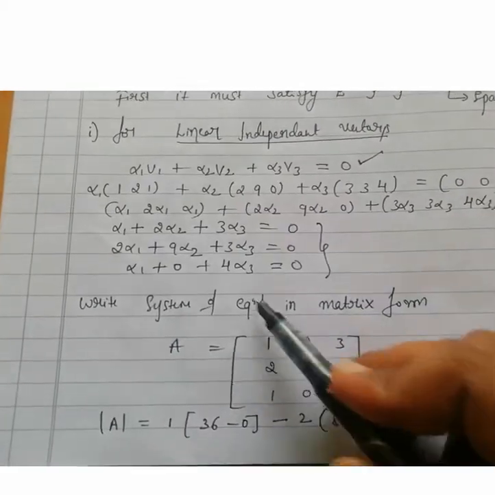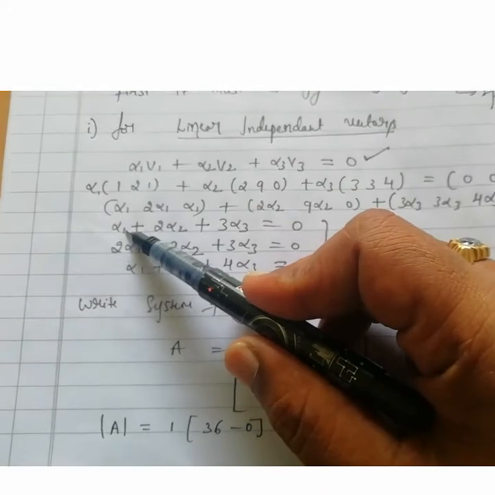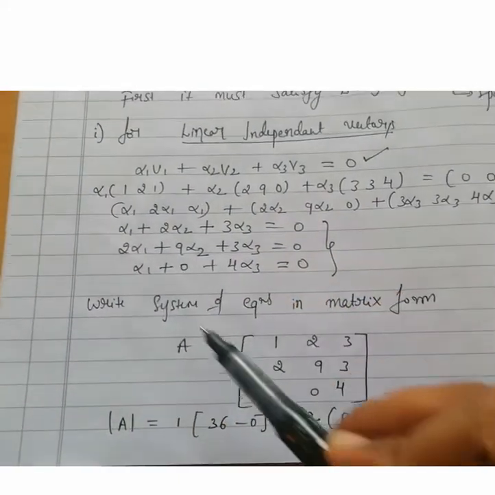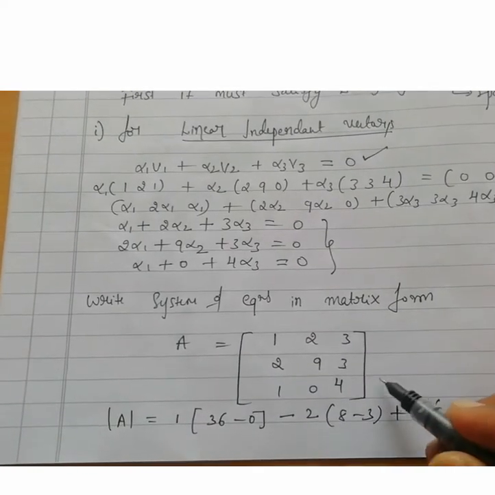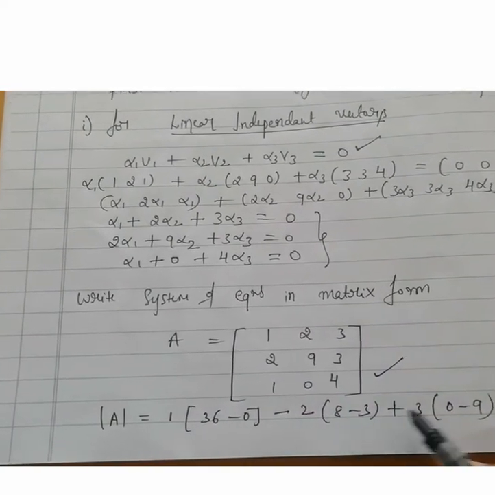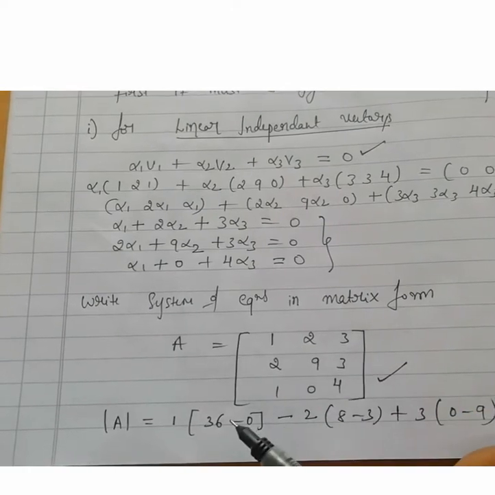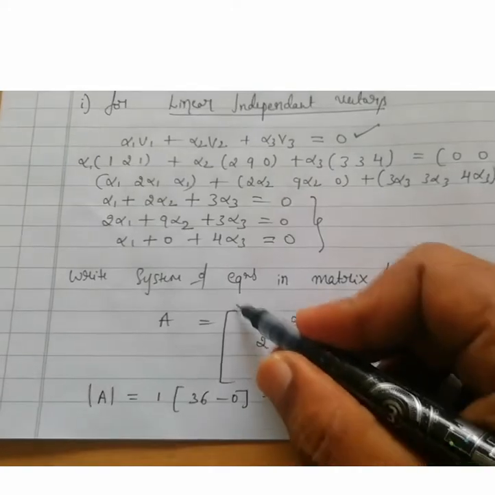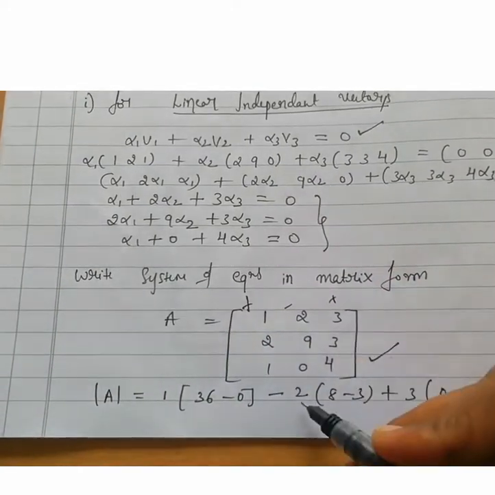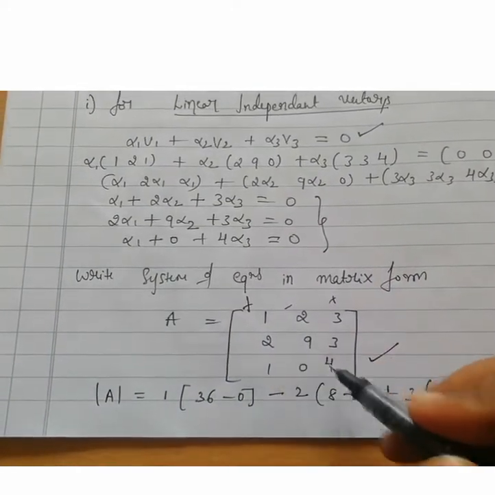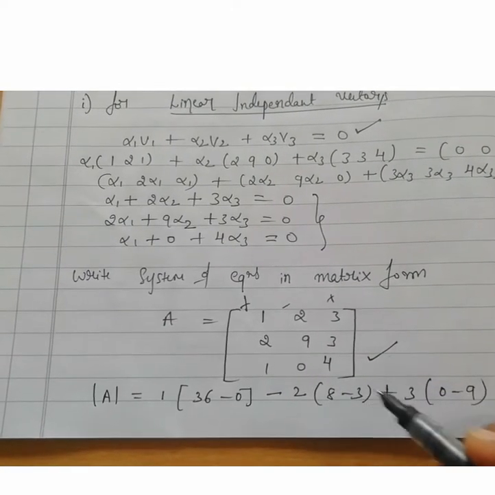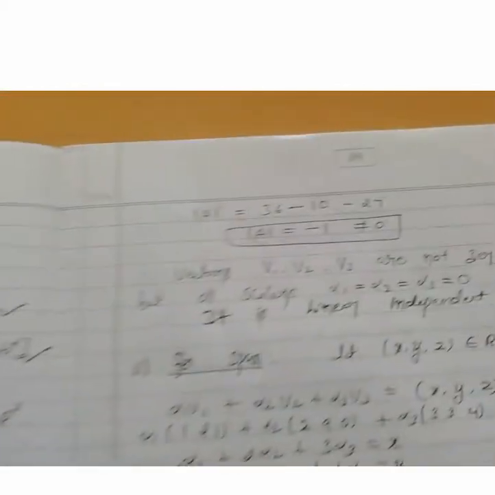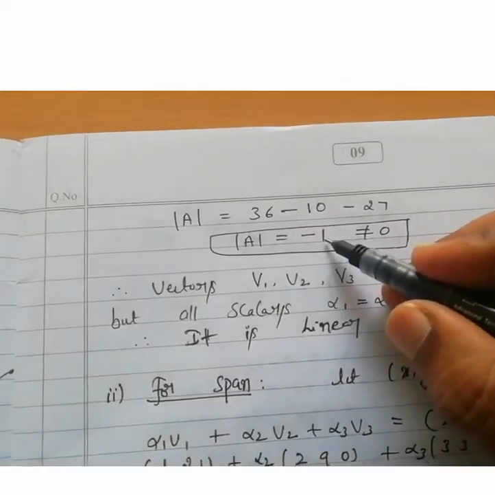Write these three equations in matrix form: coefficients of alpha 1, alpha 2, alpha 3, written row wise. Once you have written this, find the determinant of this matrix. Expanding with alternating signs plus, minus, plus, and solving, the value we get is minus 1.